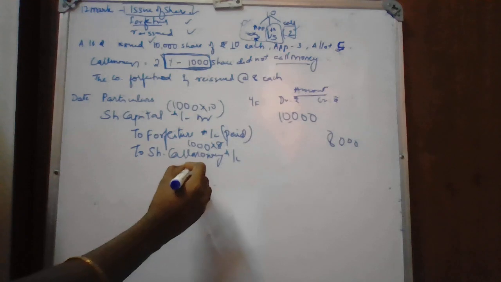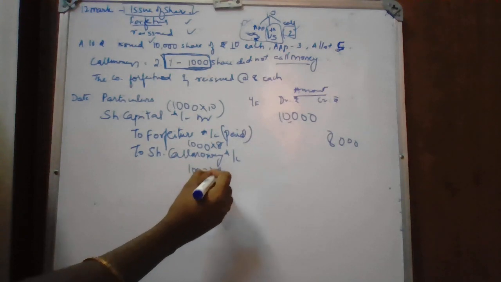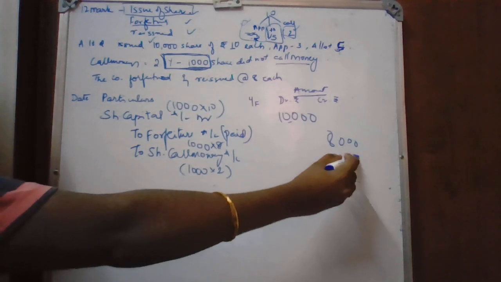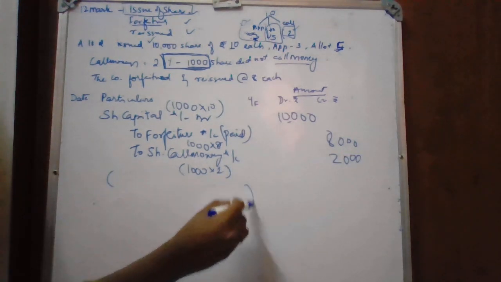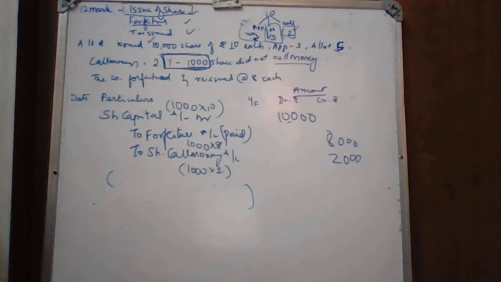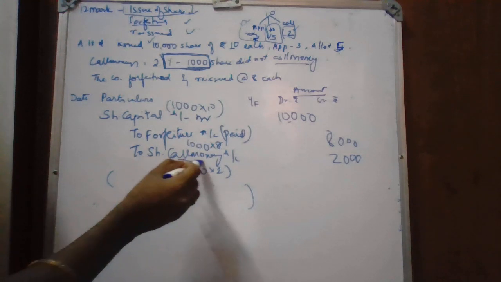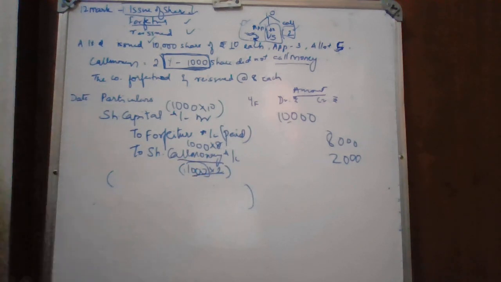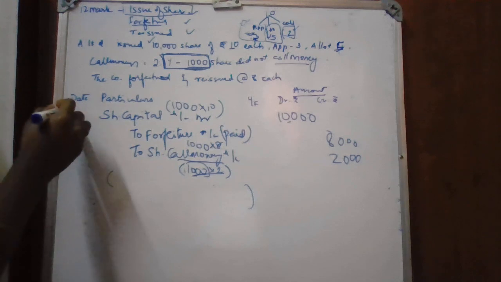Next, call money. What is unpaid? 1,000 into 2. Call money they have not paid. So this will be 2,000. And narration, you shall write: being 1,000 shares forfeited for non-payment of call money of rupees 2 each on 1,000 shares.